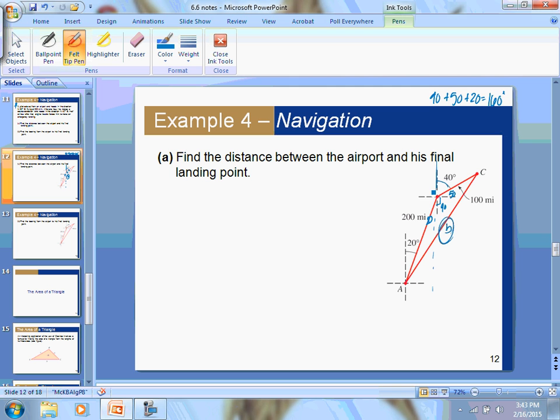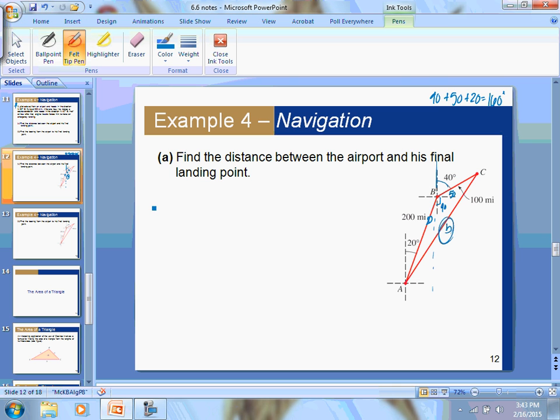Okay, so now I have angle B, I have side B that I'm trying to find, and I know side C, which would technically be 200, and I know side A, which is technically 100. So I have a side-angle-side scenario where I can use law of cosines.